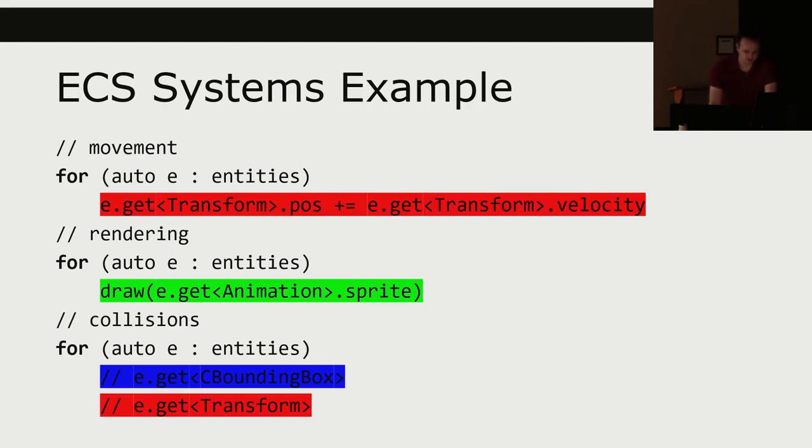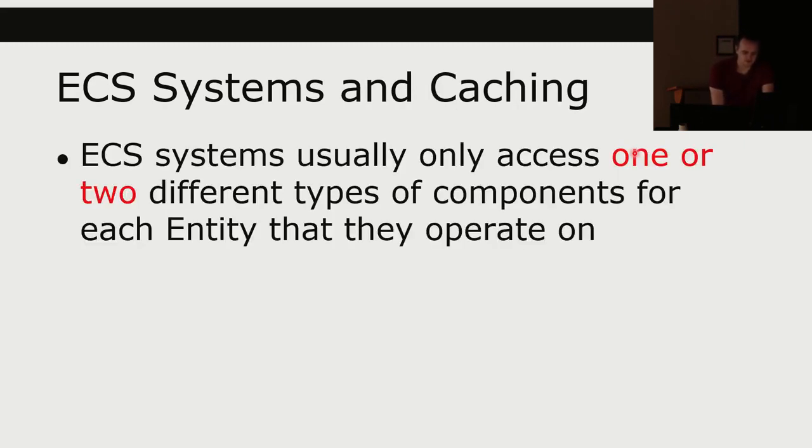Down here, same thing with the sprite. Okay, this is a contrived example because the sprite probably contains texture data, which is very large anyway. But the point is that ECS systems usually only access one or two different types of components to do their thing. The gravity system is probably only going to take the gravity component and the transform component.